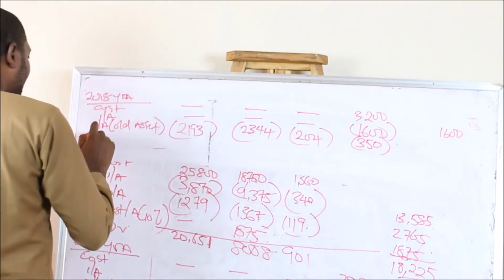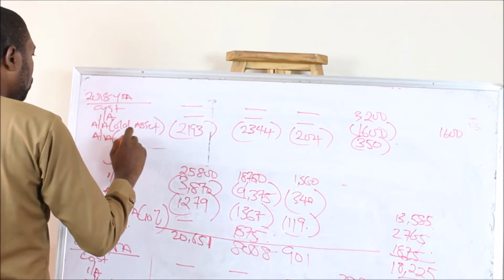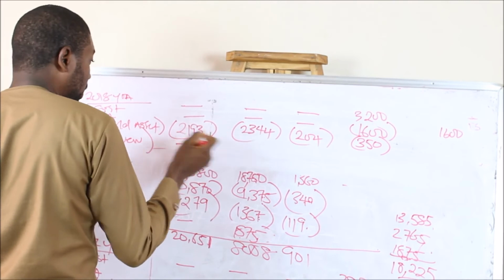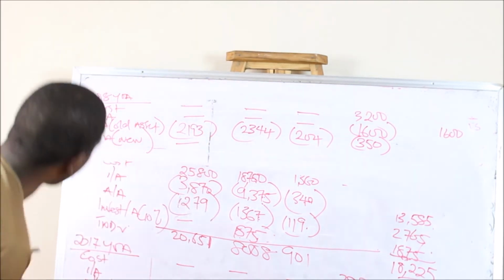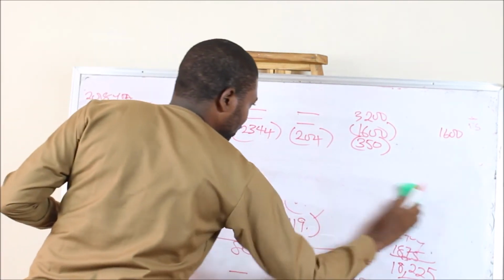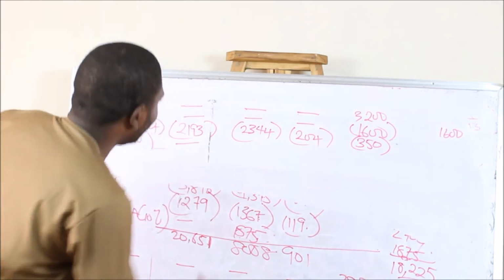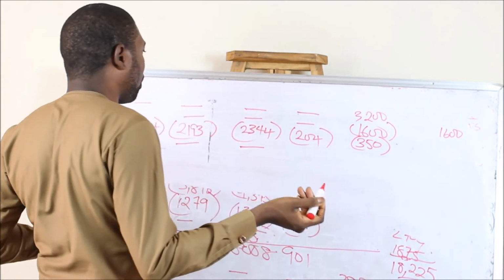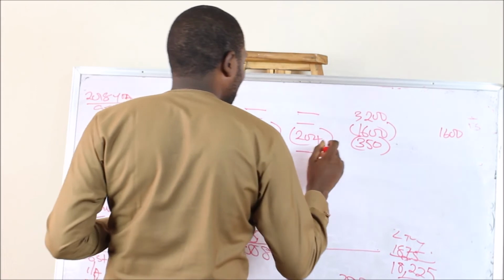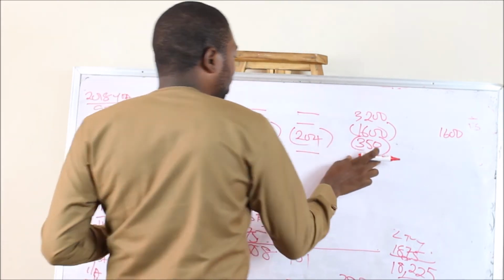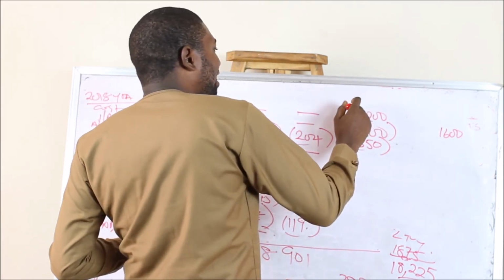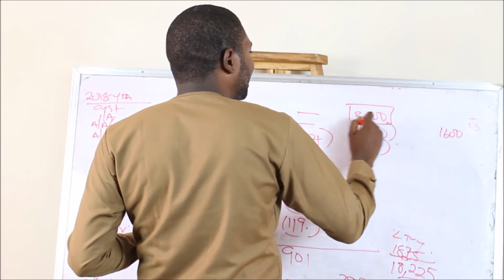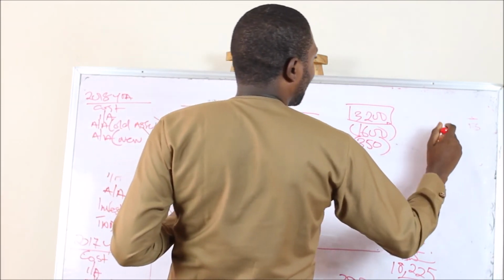Then annual allowance for the new. Of course there's no new asset for building, so that one is going to be dashed. Also there's no new asset for plant and machinery, and no new asset for fitting and furniture. Here, because we have a new asset, we have to calculate annual allowance for this 3,200.